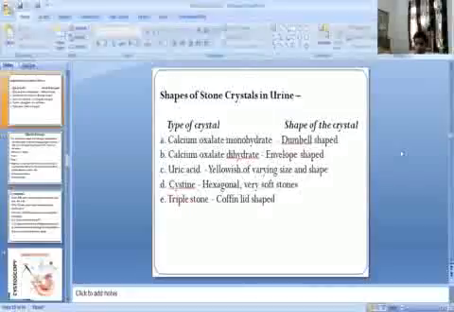Uric acid shape is yellowish, of varying size and shape. Cystine is hexagonal, a very soft stone. Triple phosphate stone shape is coffin lid shape.